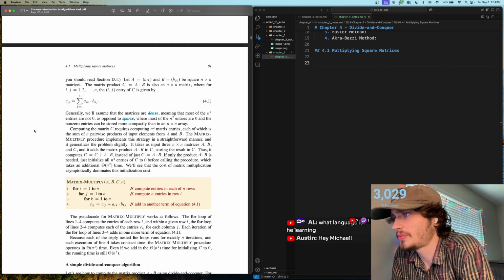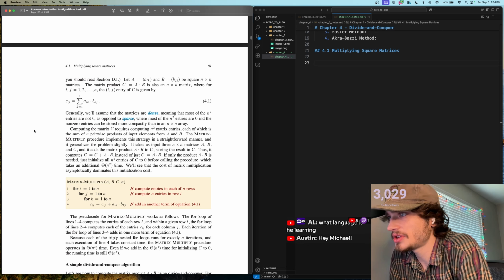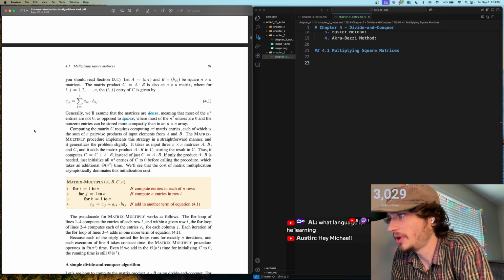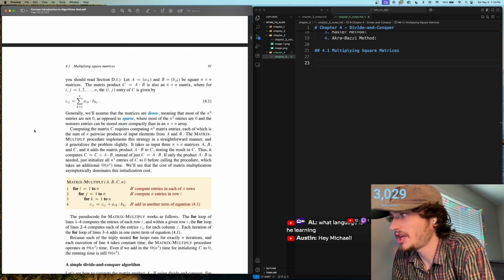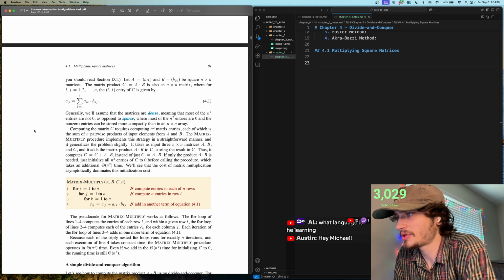Generally, we'll assume that the matrices are dense, meaning that most of the n squared entries are not 0, as opposed to sparse, where most of the n squared entries are 0, and the non-zero entries can be stored more compactly than in an n by n array. Computing the matrix C requires computing n squared matrix entries, each of which is the sum of n pairwise products of input elements from A and B. The MATRIX-MULTIPLY procedure implements this strategy in a straightforward manner, and it generalizes the problem slightly.